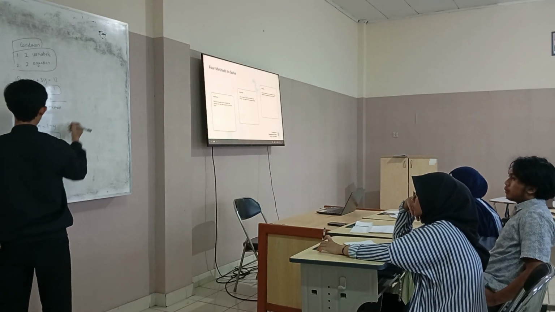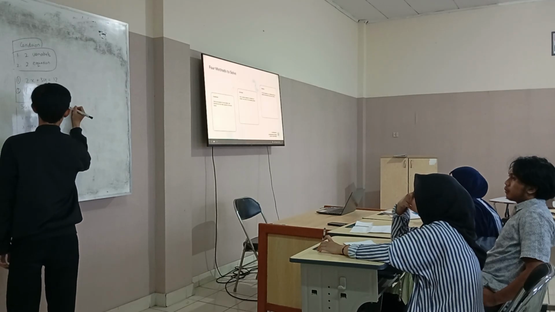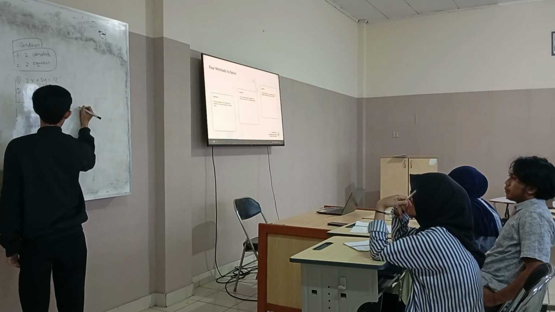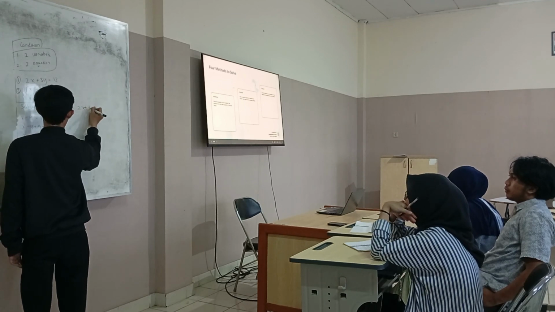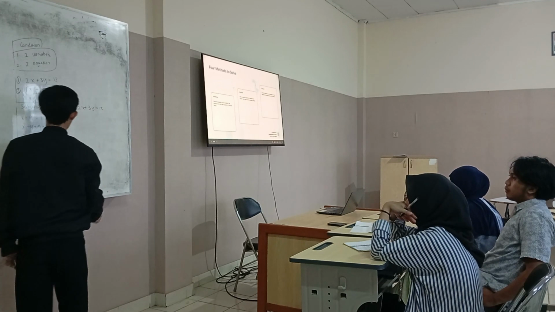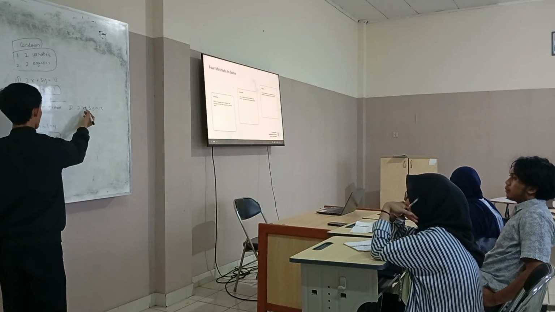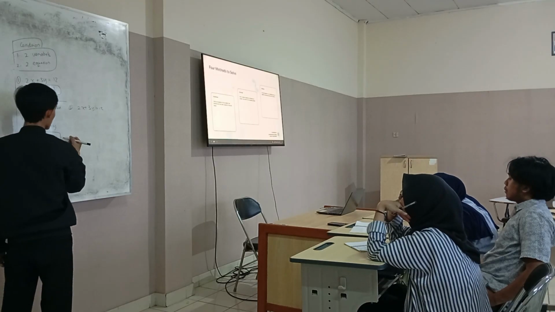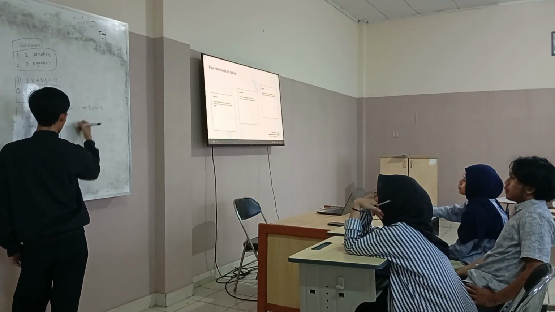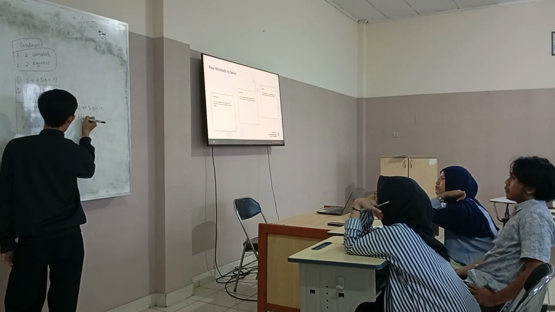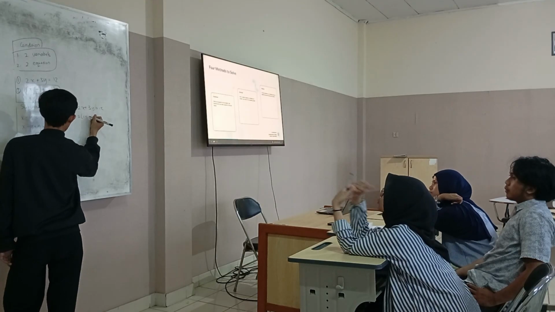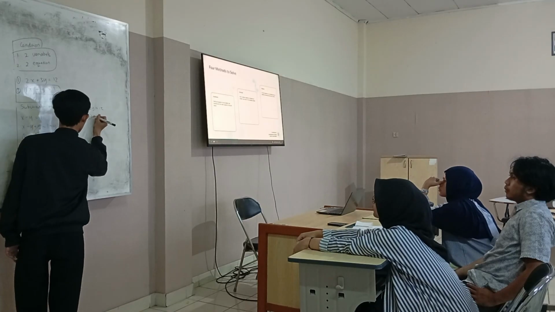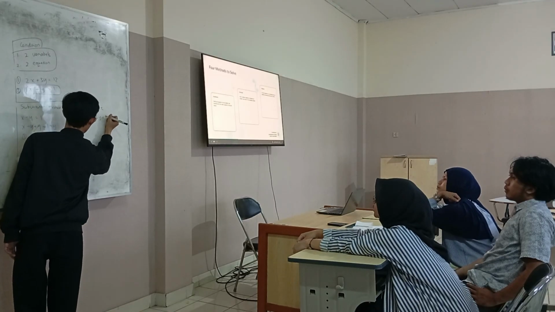Now, let's go to the second step. The second step is, let me write this: 2x plus 3y equals 12. Because x right here is equal to 1 plus y, we can substitute this here. So it will be 2 times (1 plus y) plus 3y equals 12.